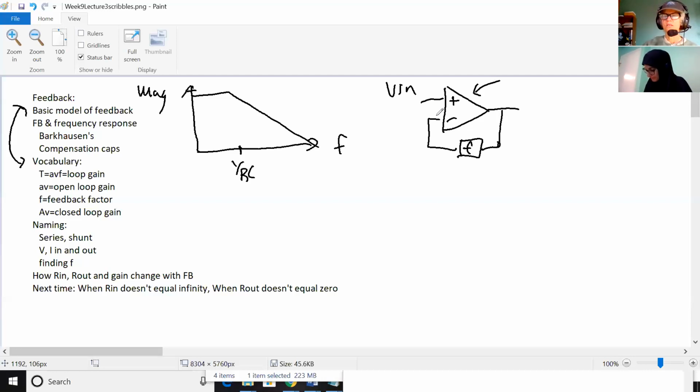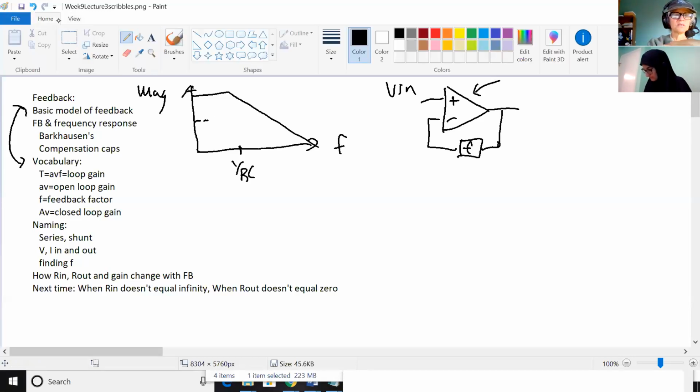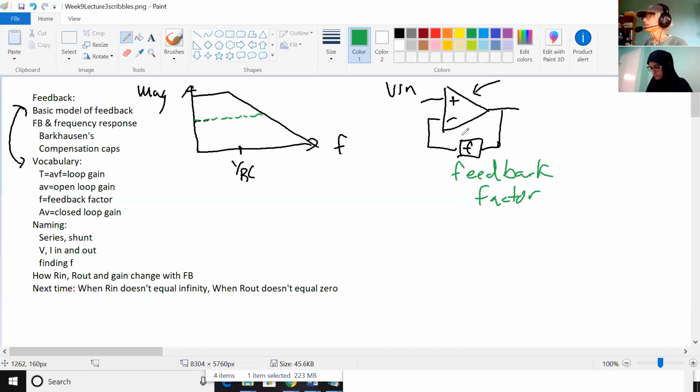So in this system, if you hook this up with feedback, what happens is that the gain drops by a certain amount. This feedback factor keeps the gain from being as big as your underlying op amp's gain.